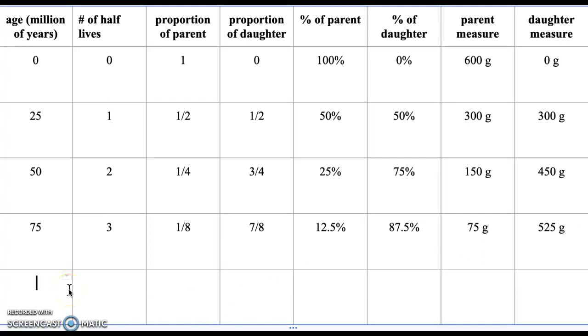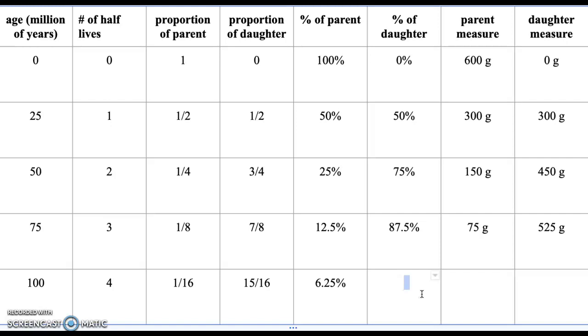And now for the last row, the age will be 100 million years. The number of half-lives is 4. The proportion of parent is 1/16. The proportion of daughter is 15/16. The percent of parent is 6.25%.